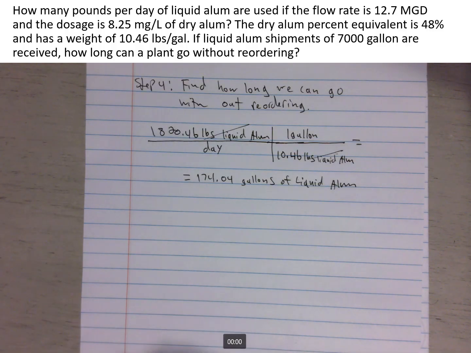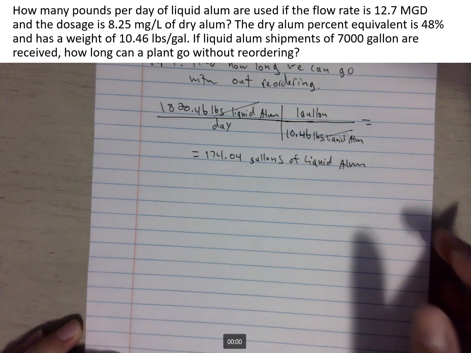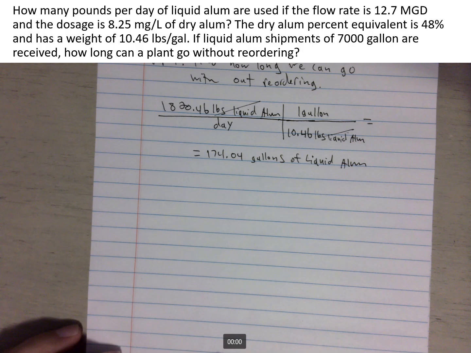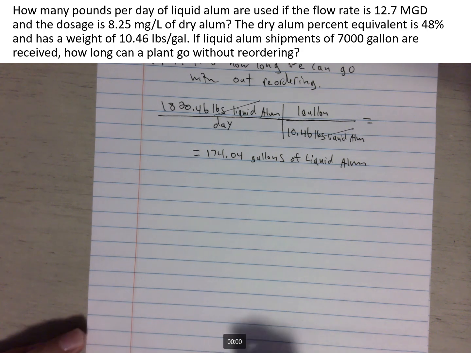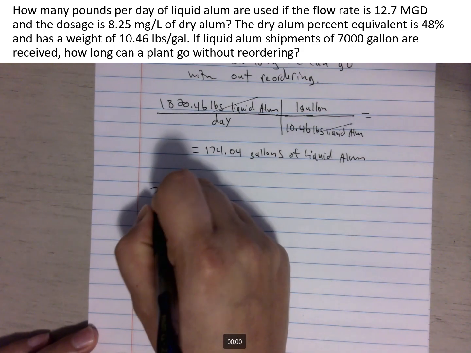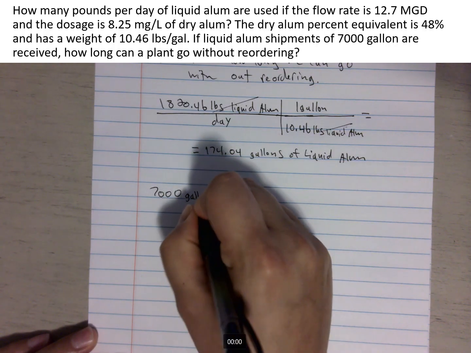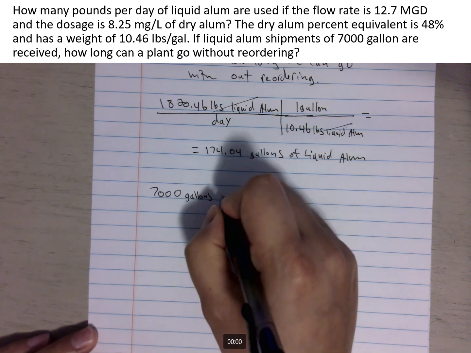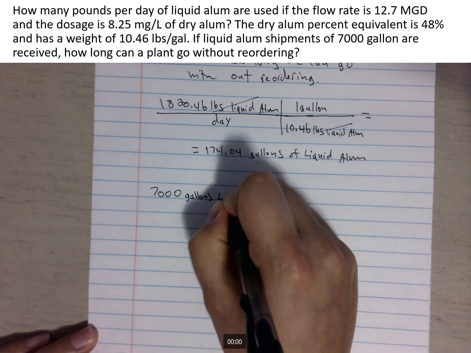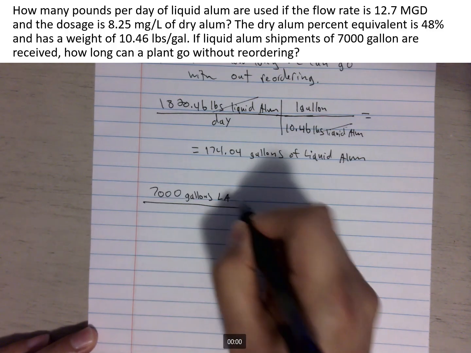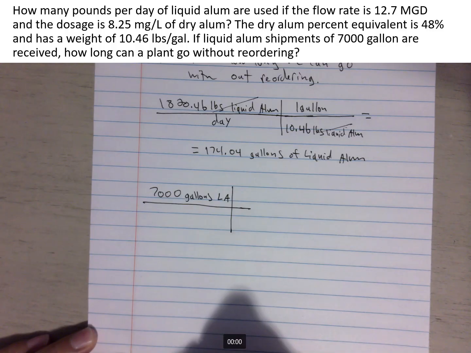The next step is to find the days that the 7,000 gallon batch will last us, right? So we start off with 7,000 gallons of liquid alum. I'll denote that by LA, liquid alum, just so that we have enough room in the paper, right?